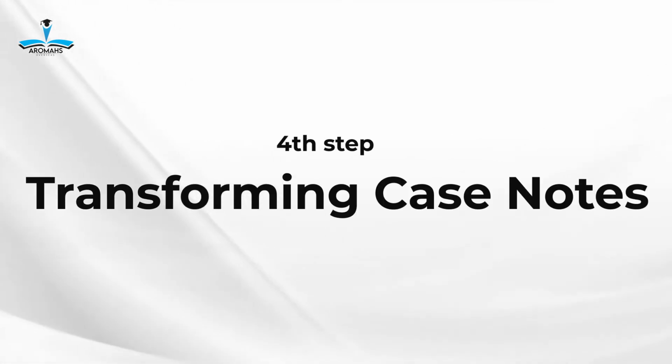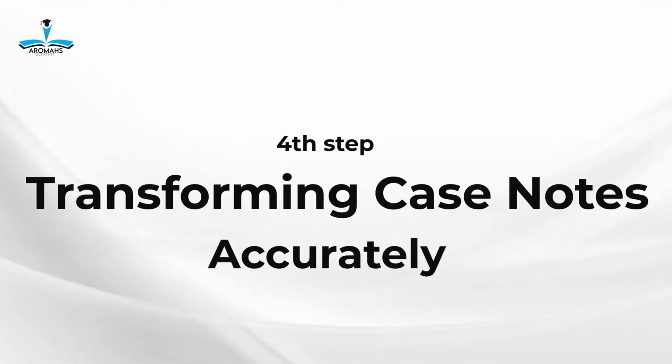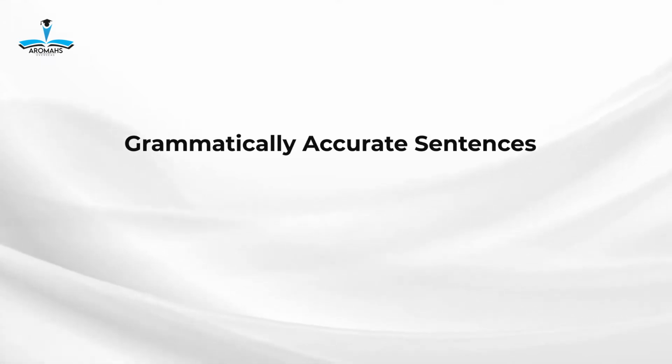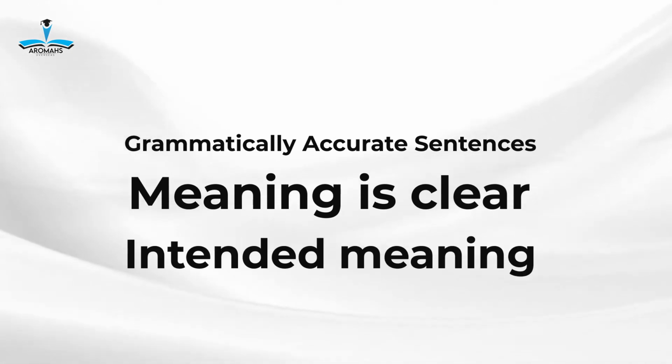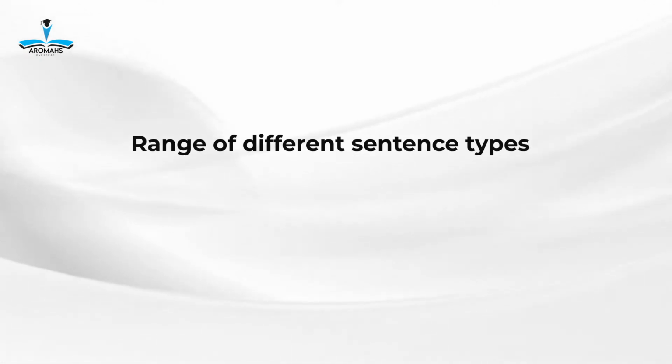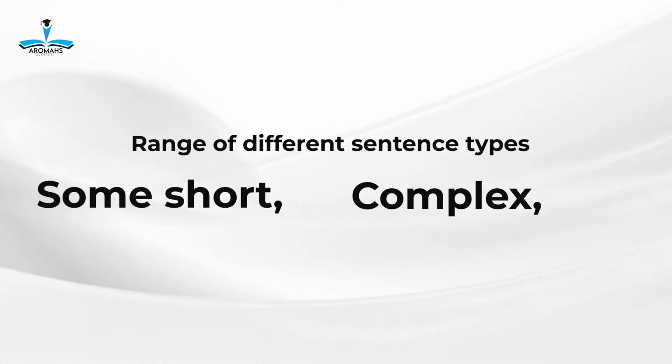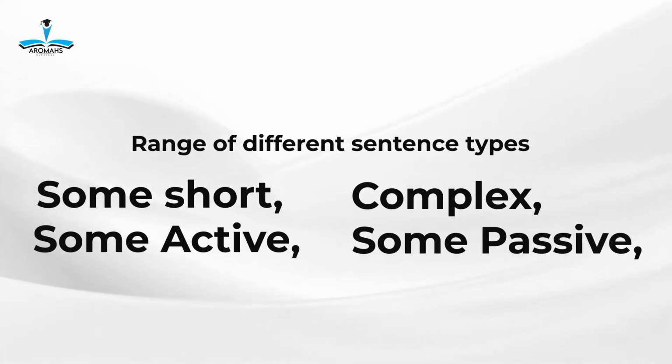The fourth step is transforming case notes accurately. You need to transform case notes into grammatically accurate sentences so that the meaning is clear to the reader and reflects the intended meaning of the case note. You should also make sure that you include a range of different sentence types, some short, some complex, some active, some passive.